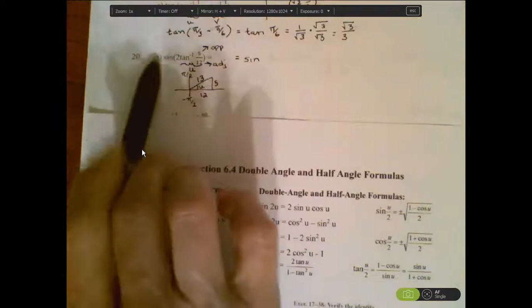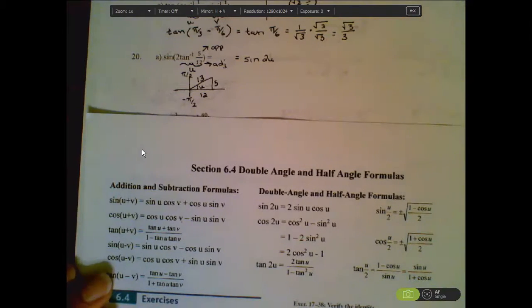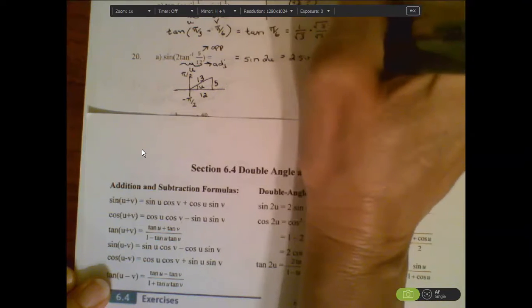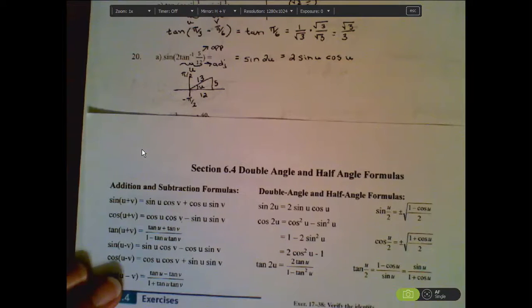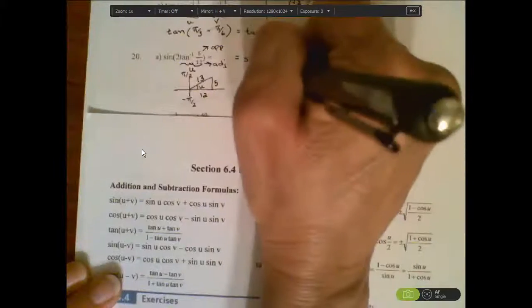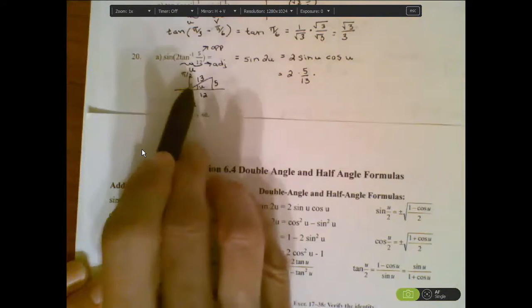This expression then is sine of 2u. And sine of 2u is the only double angle formula that I use enough to have it memorized. Sine of 2u is 2 sine u cosine u. And I can read sine u and cosine u right off of that triangle. Sine u is opposite over hypotenuse. Cosine u is adjacent over hypotenuse.